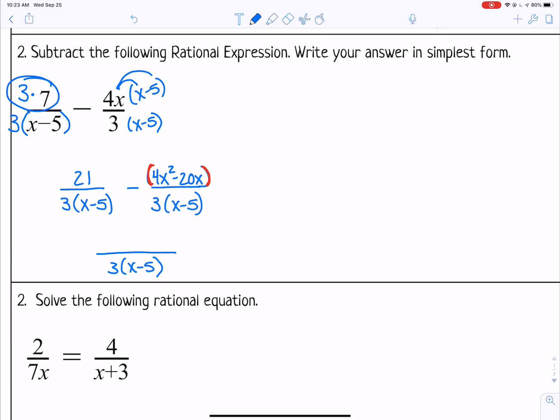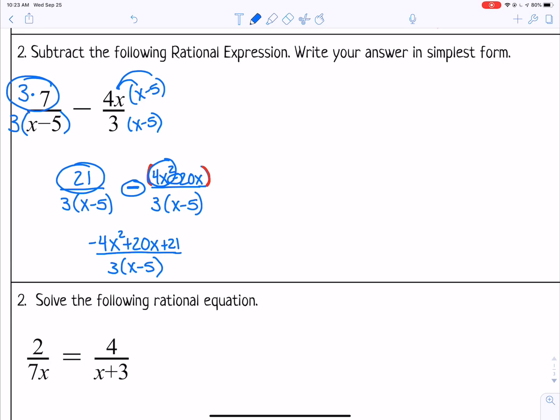And then let's just say we have negative 4x squared. That has the highest exponent, so I'm going to put that first in my numerator. I have negative 20x, so 2 negatives make it a positive 20x. And then this 21 is positive. None of those added together or subtracted because they're not like terms.